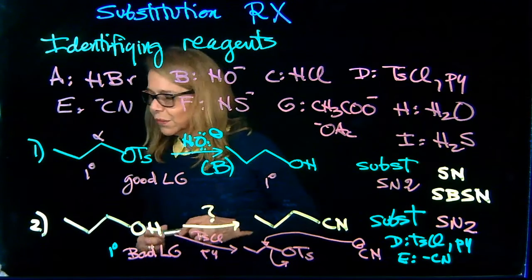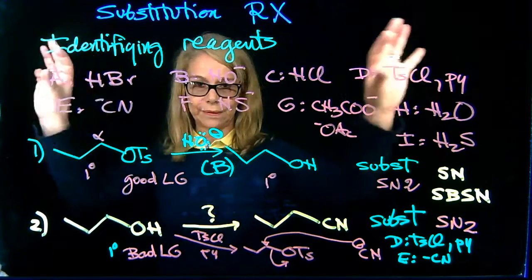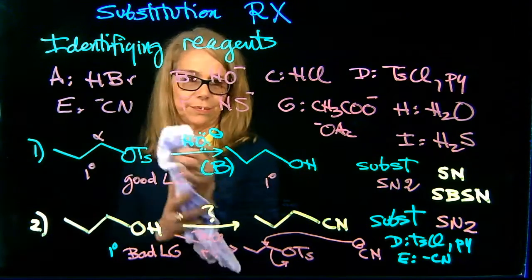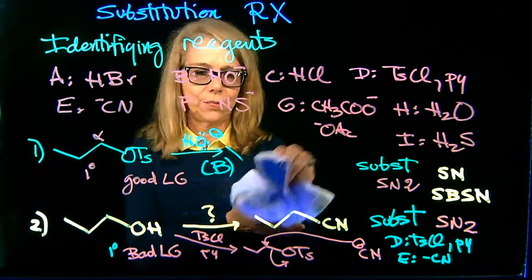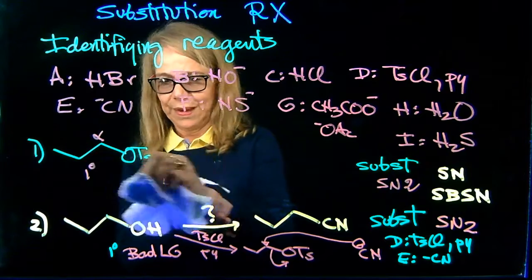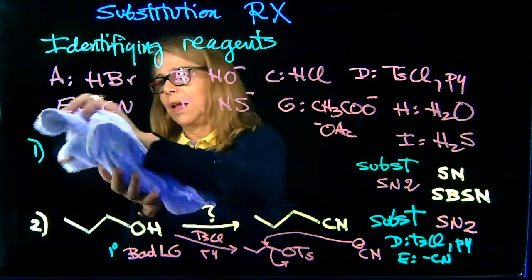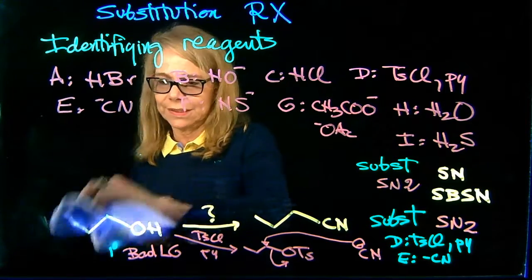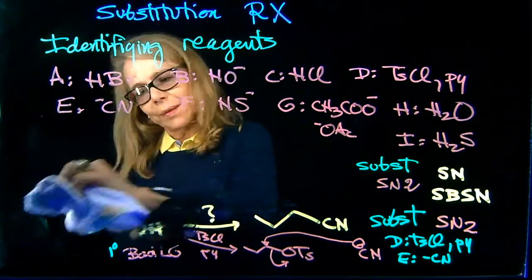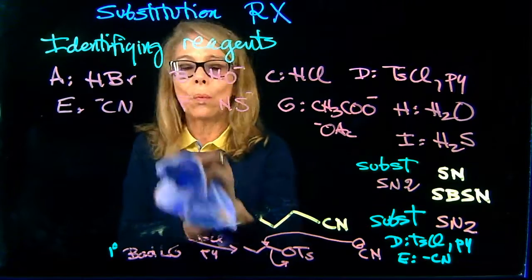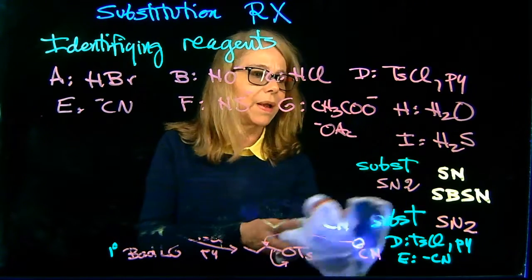Now, let's do a couple more, but I'm still keeping the same list of reagents. So I'm going to erase this. Let's work on another. Notice that since we have reagents here, now we're going to be analyzing the substrate. And what is the chemical change that we're doing in substitution? What is it that we're changing?